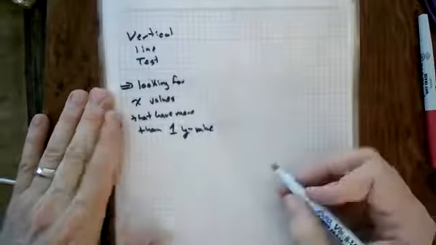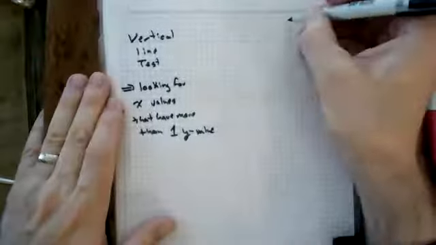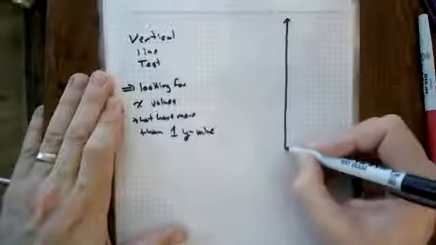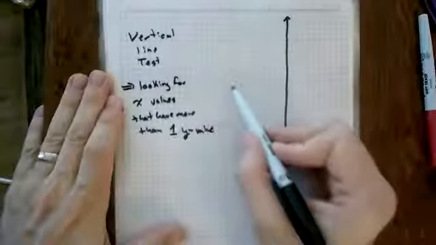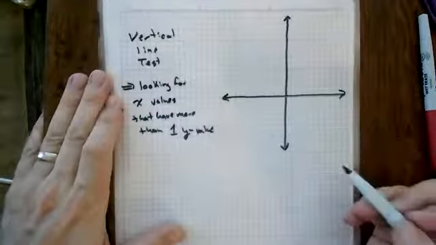Anytime we have x equal to a number, a vertical line, each of those vertical lines should only pass through one single point of our graph.